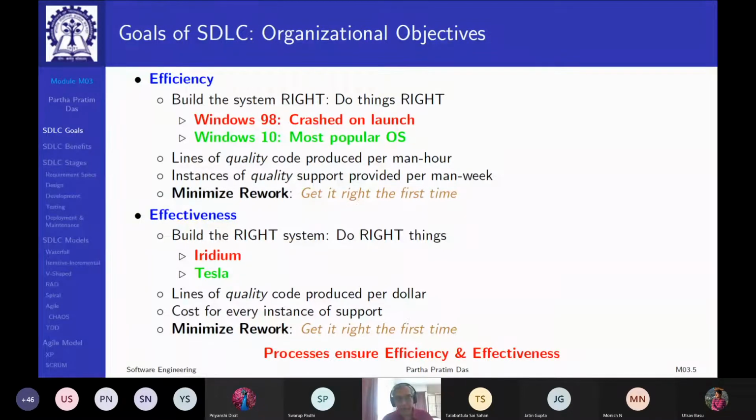How do you do that? How do you get there? To get there, you need processes, experience of what has been done before. Based on that, defining what should be done by whom at which stage, and what are the checks and balances for that. Project monitoring and control, PMC, basically drives these processes.